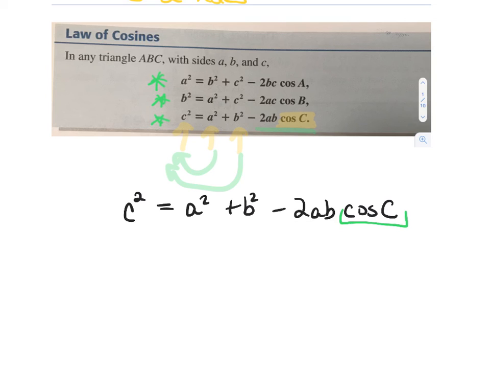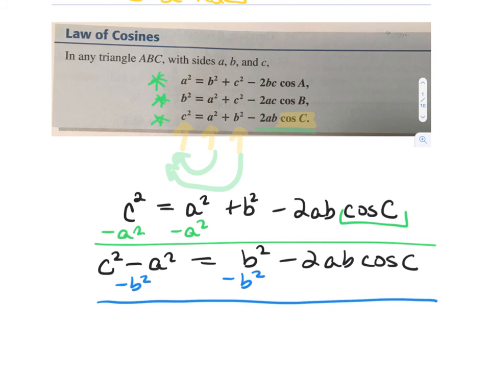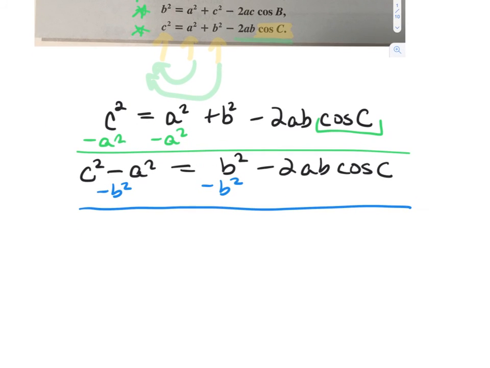So I'm going to move a squared. Now I have c squared minus a squared equals b squared minus 2ab cosine c. Next, I'm going to move the b squared. Try to move everything away from cosine c. And then I can do it continuously in my calculator.